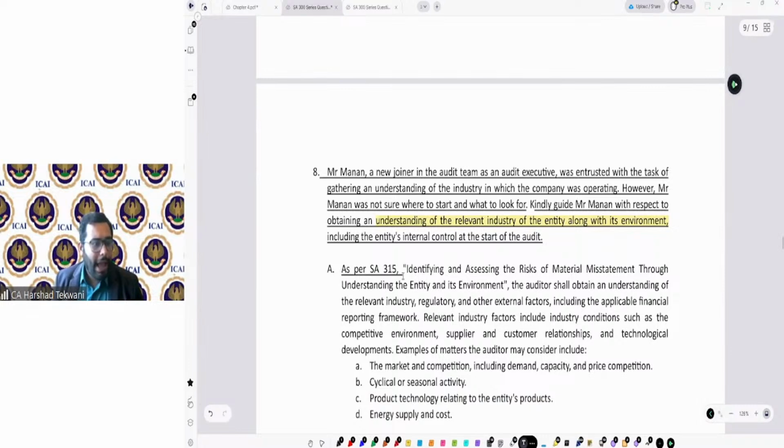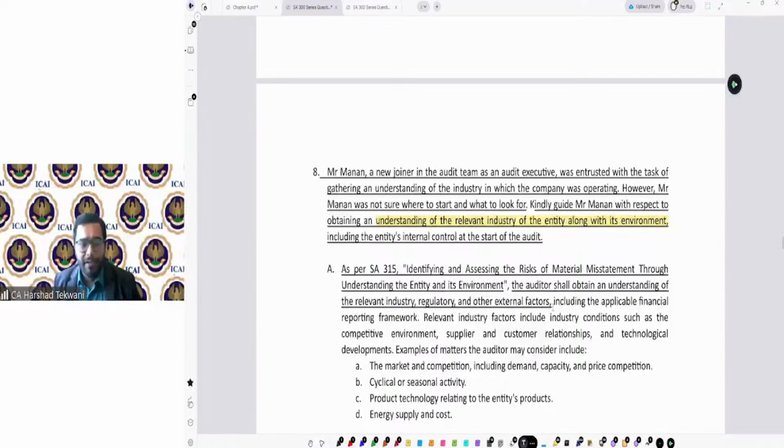As per SA 315, identifying and assessing the risk of material misstatement through understanding the entity and its environment, the auditor shall obtain an understanding of the relevant industry, regulatory, and other external factors, including the applicable financial reporting framework. The relevant industry factors include industry conditions such as competitive environment, supplier and customer relationships, and technological development.